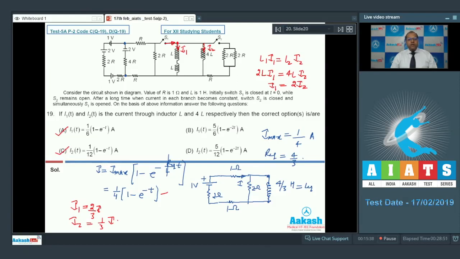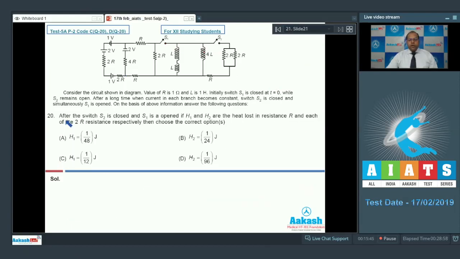Let's move to question number 20. In question number 20, after switch S2 is closed and S1 is opened, if H1 and H2 are the heat loss in resistor R and each of the 2R resistances respectively, then choose the correct options. So when switch S2 is closed and S1 is open, whatever energy is stored in this inductor gets dissipated through these resistors.